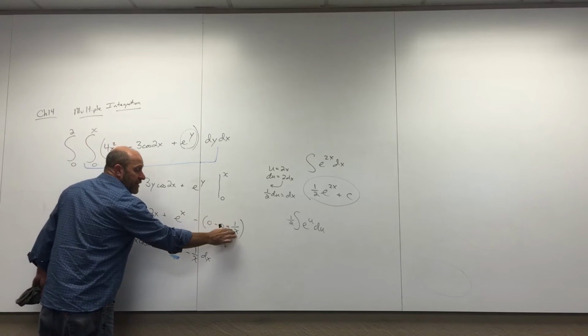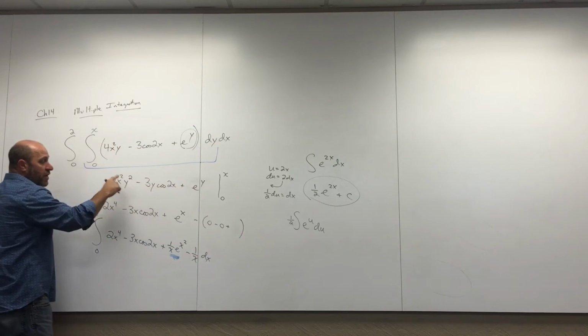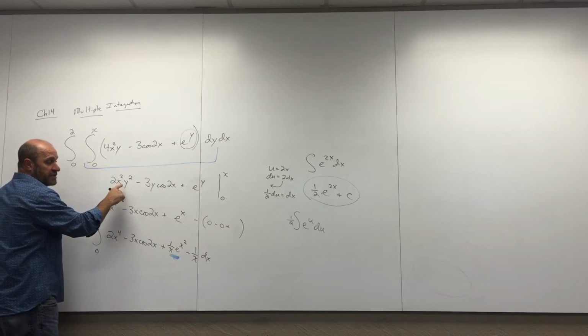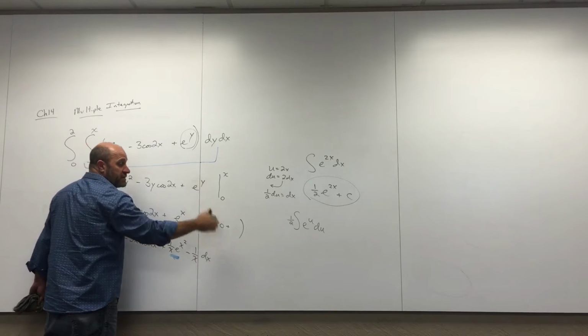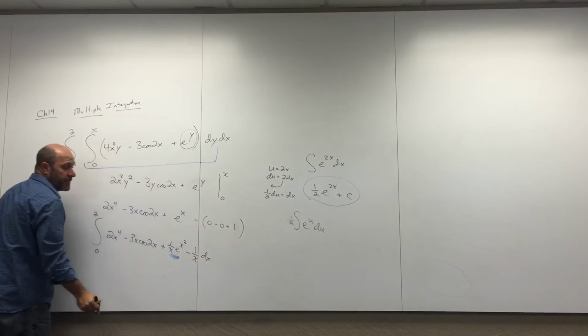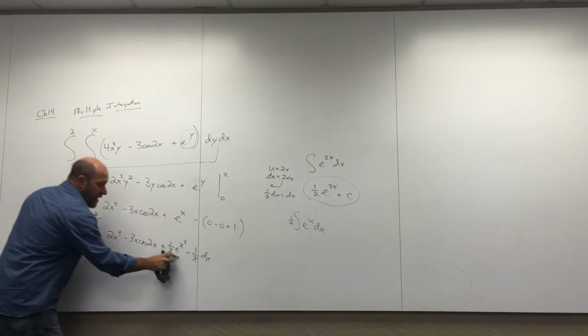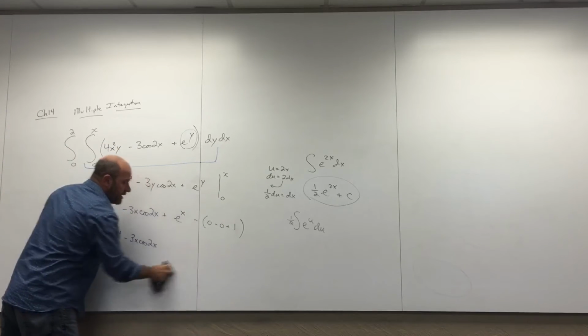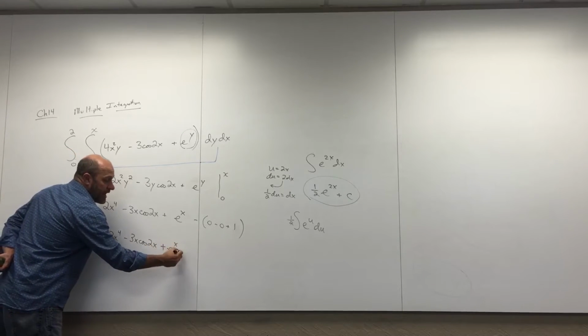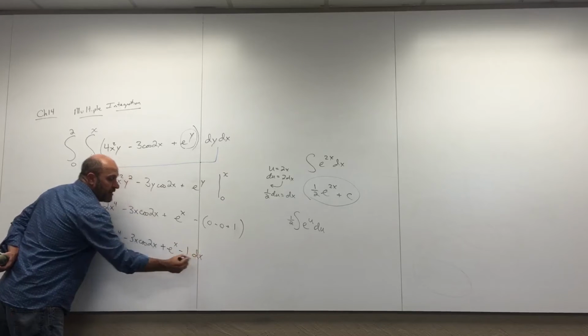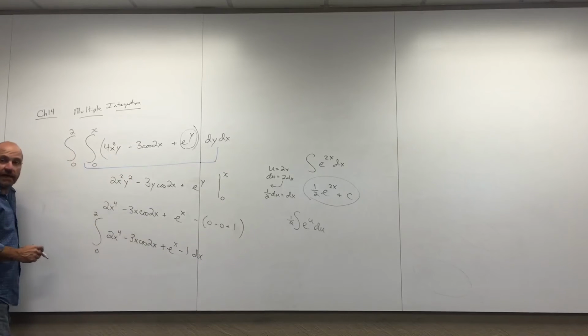Minus, and way down here at the end, when you plug in a 0 for y, that's a 0, that's a 0, but e to the 0 is a 1. So now I'm changing this answer here. It is a plus e to the x minus 1 is what I'm doing. Integrating this with respect to x. You guys all right? Sorry about that.